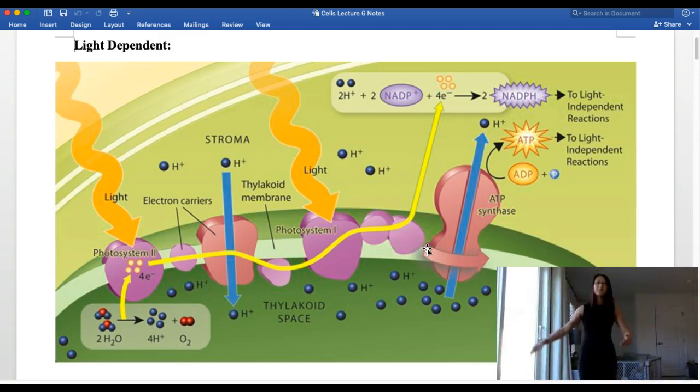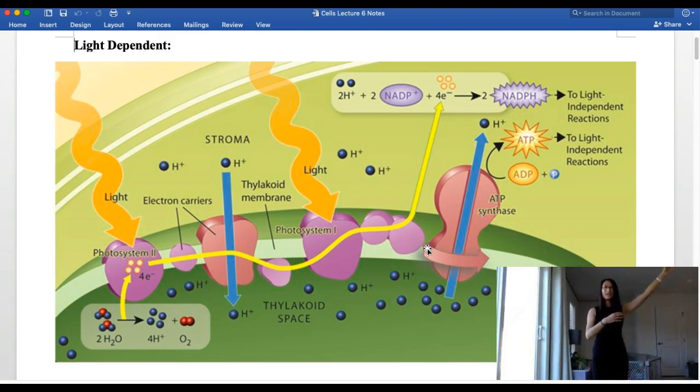Okay, so you ready? Light comes into photosystem 2. Electrons get excited. Water splits. Water comes to photosystem 2. Electrons move down the electron transport chain and lose energy. The electrons' energy pumps hydrogen from the stroma to the thylakoid space. Light comes into photosystem 1.